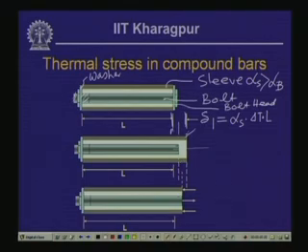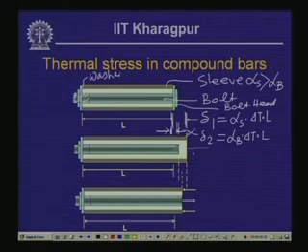Let us say this was the original position of the central bolt, and this is the position reached after the thermal expansion, and let us call that delta 2. So, delta 2 is equal to alpha b times delta T, that is the strain in the central bolt, multiplied by the length L.